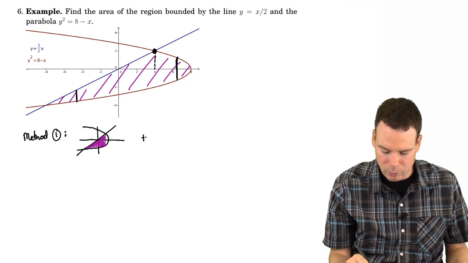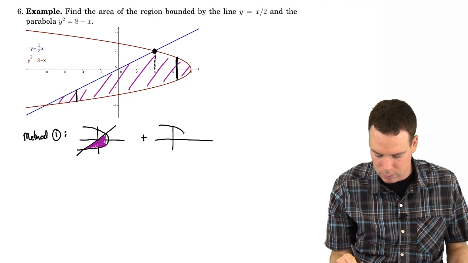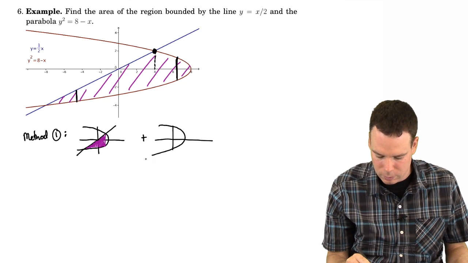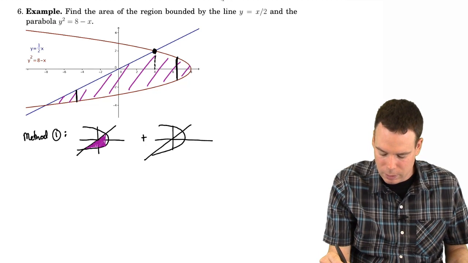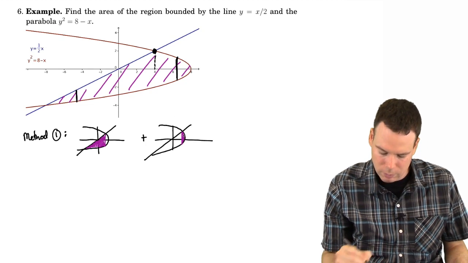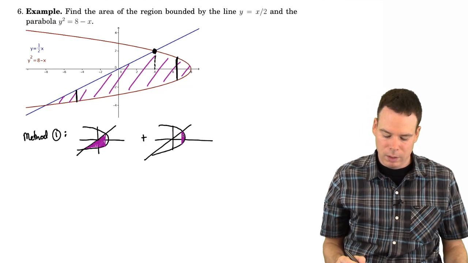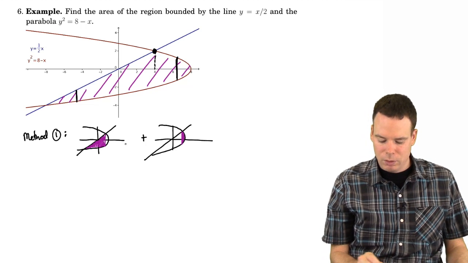And once we've done that, then we add to it the area of the tip there. And we can work out integrals for each of those and add them up. Why can we work out integrals for each of those?